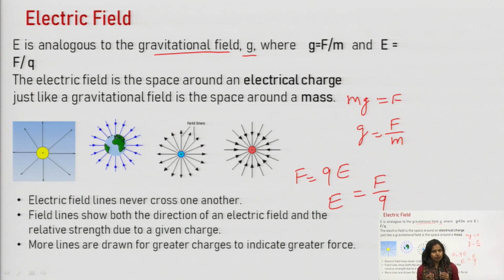Whenever there is any mass in the surrounding, there will be gravity. If a mass is kept somewhere, you will experience a gravitational force in the surrounding. In the same way, whenever a charge Q is placed somewhere, you will experience an electric field.